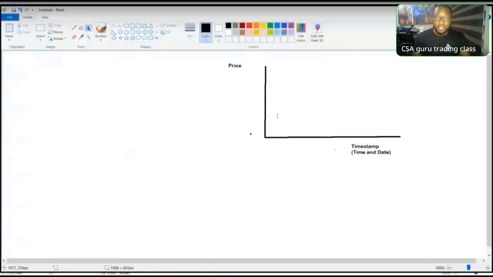So you understand what this is, right? And on every chart, either a Bitcoin chart, crypto chart, stock chart, FX chart, bond, wherever, you're going to have this. The price section, the y-axis defines the price, and the x-axis defines the timestamp.